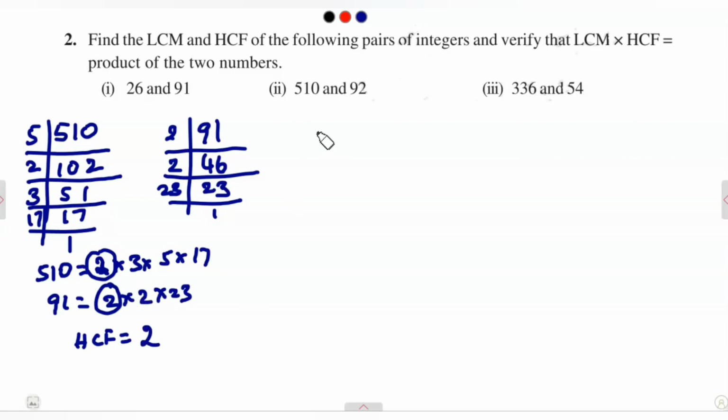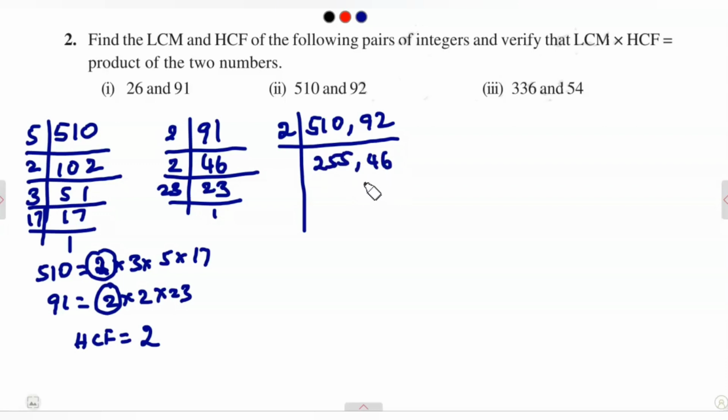Next, coming to finding the LCM of these two numbers, let us take as usual the shortcut division method. We call it the short division method. 510 with 92. At a time we'll take both and take the common divisor of these two. Let us take 2 table only, which is divisible by both. So 2 255s are 510, 2 46s are 92.